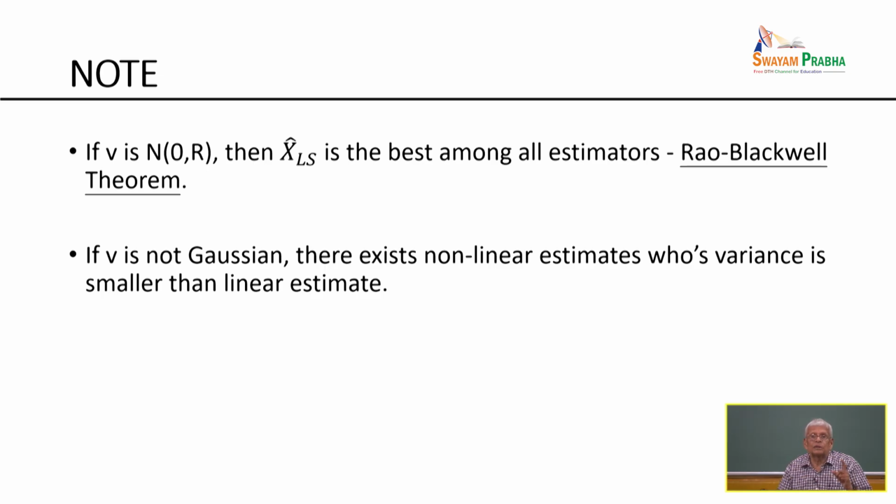Now consider two results. There is a note. If V is normally distributed with mean 0 and covariance R, the x hat LS is the best among all estimators. If V is not Gaussian, then there exist nonlinear estimates whose variance can be smaller than the linear estimate. So I would like you to be able to look at a couple of results.